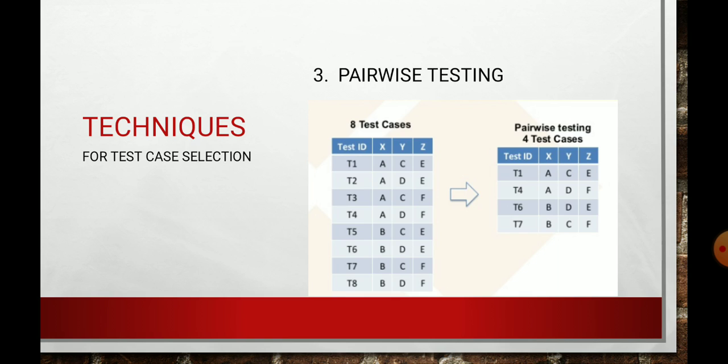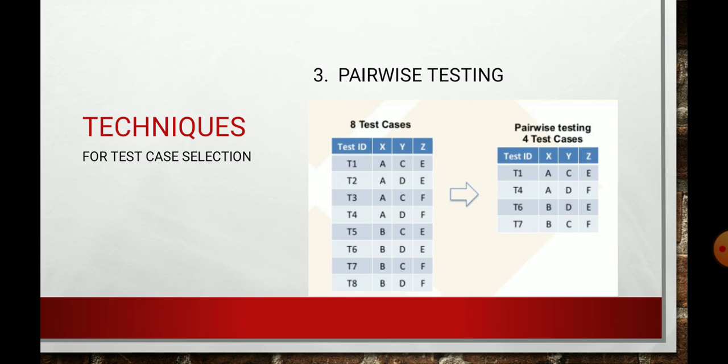So we can eliminate the test case T2 because we can cover all the inputs of T2 and T3 using T1 and T4. In a similar way, we can reduce T4, T5 and T8 as well.